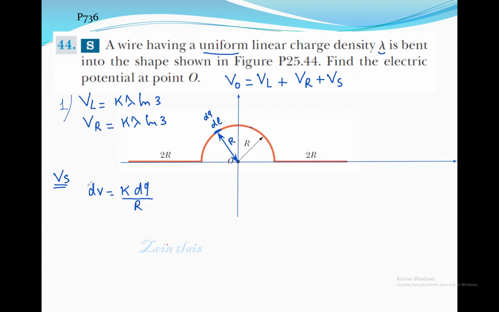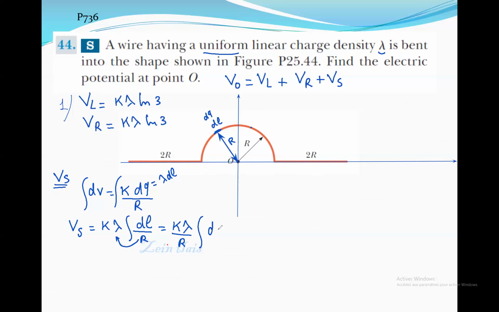Okay, so we put the integral, we get Vs equals k lambda dl, because dq equals lambda dl, divided by r. R is constant. If you move dl from here to here, the position of dl with respect to O must be constant, equal to capital R. So we can put r outside the integral. We get finally k lambda divided by r integral dl.